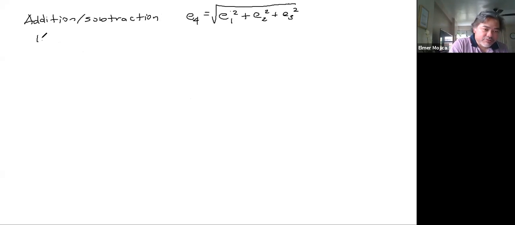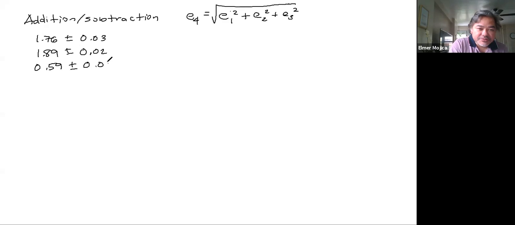So I have here 1.76 plus or minus 0.03, 1.89 plus or minus 0.02, and then 0.59 plus or minus 0.02. So let's say the way that we're going to do is we add this one and then we subtract that one.